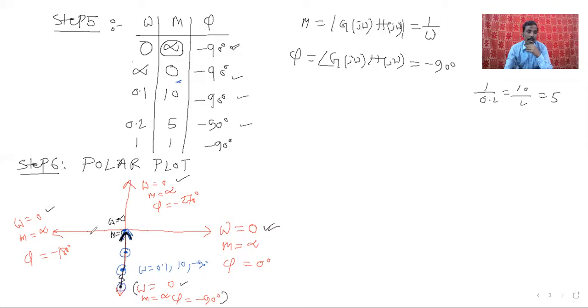In this polar plot, this is the minus 1 plus j0 point, the critical point. So what is the Nyquist plot?